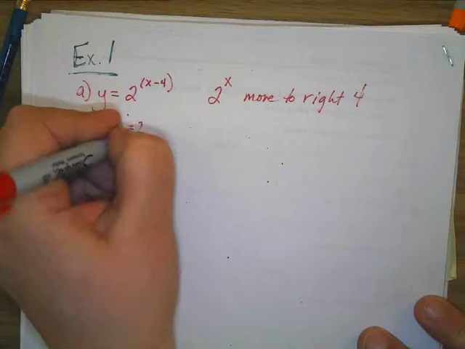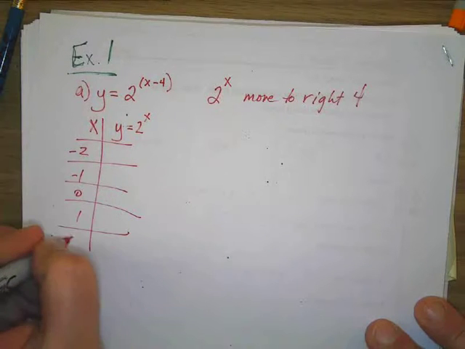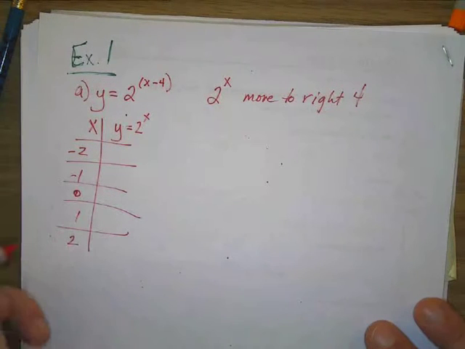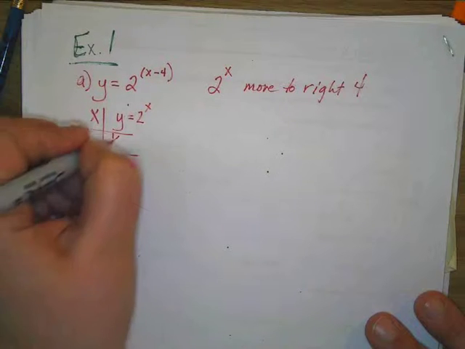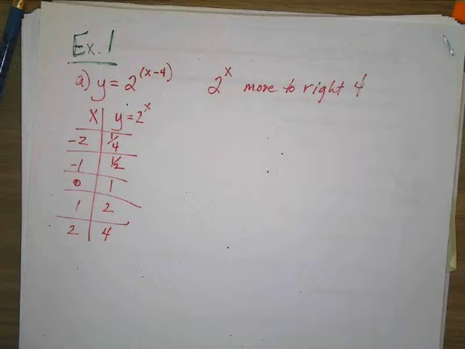So if we were looking at just the parent function of 2 to the x, we've written this table down a couple times today, yes? So this is 1/4, this is 1/2, 1, 2, and 4. So if we plot the parent function, easy to move.